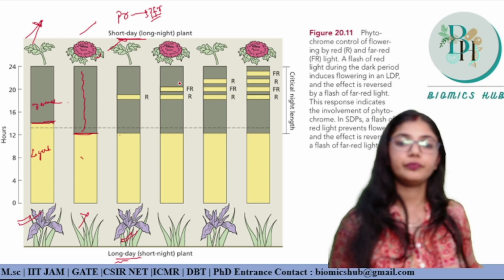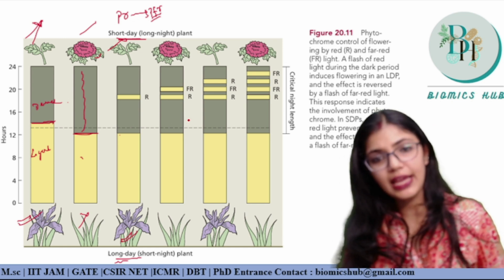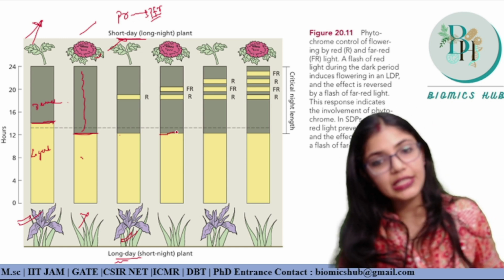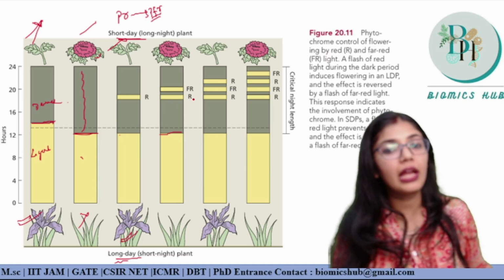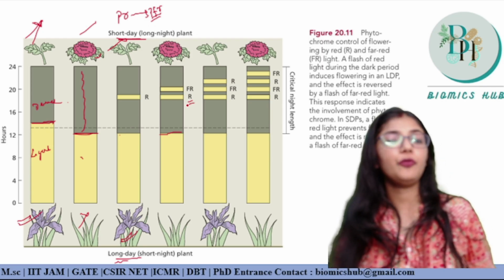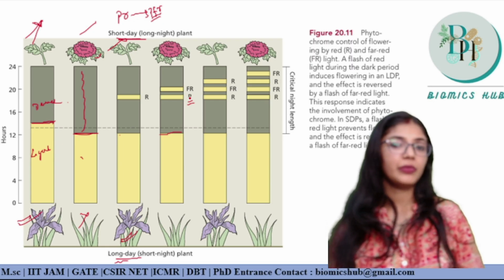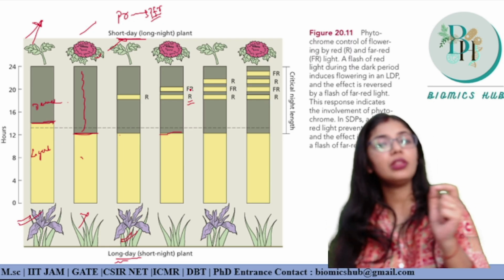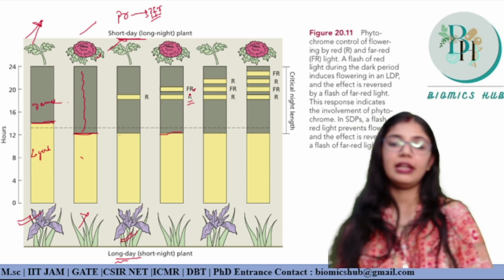Now the next condition. Here also the amount of dark is more than the critical photoperiod. Then they have provided red light. If they provide red light, the PR form converts into PFR form. Now they have again given far red light.